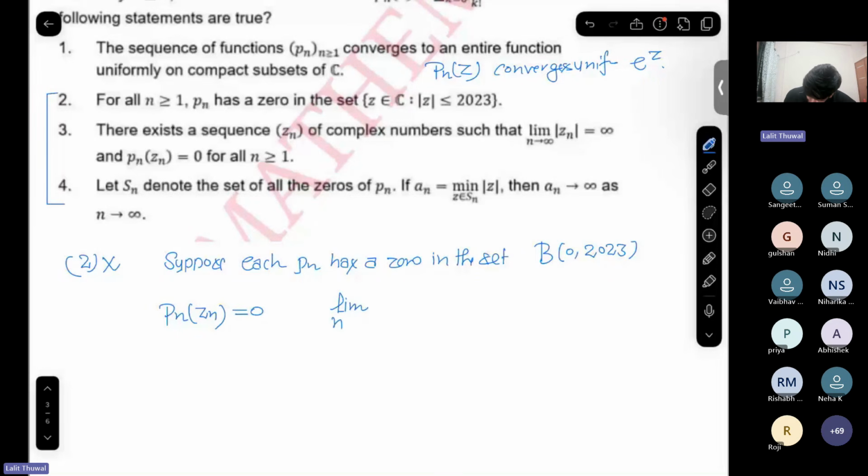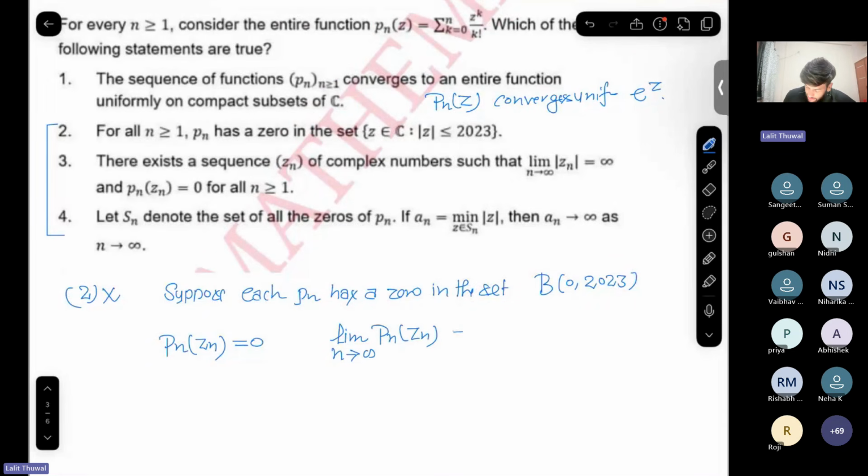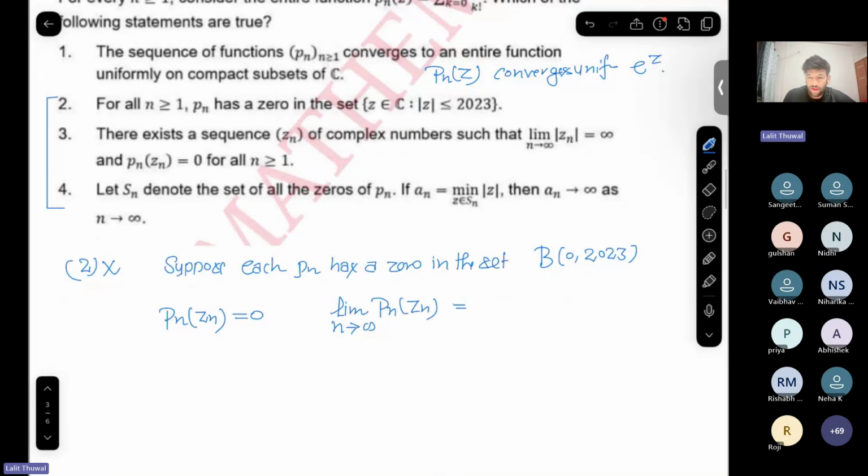But where should this sequence converge? See, P_n(z) converges uniformly to e to the power z. So where should this converge? Yes, it converges to 0 because it's a constant sequence, but because of the uniform convergence, where should it converge?